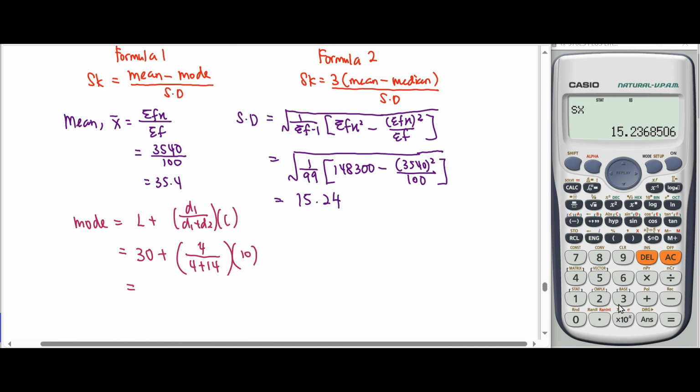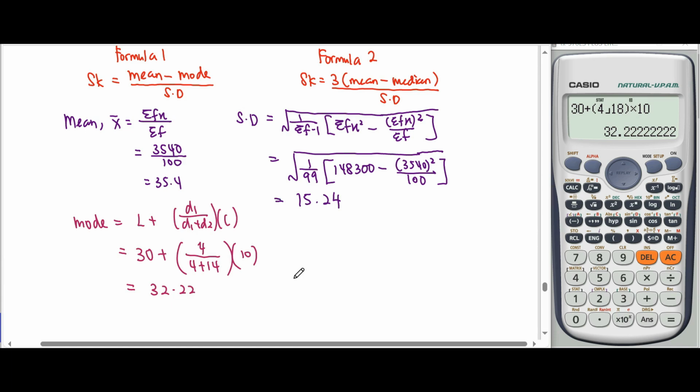Okay, so we figure out using our calculator here. So here we have 32.22. Alright, then we can apply to our Pearson coefficient of skewness formula.